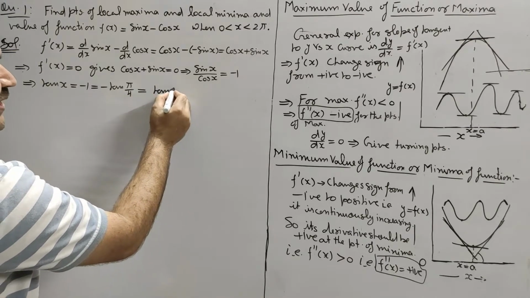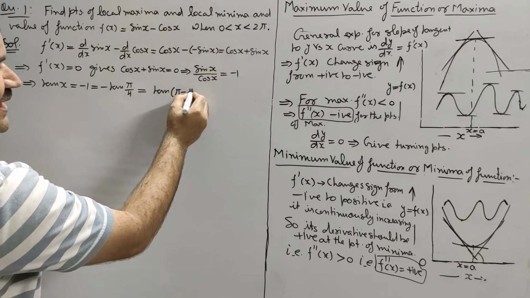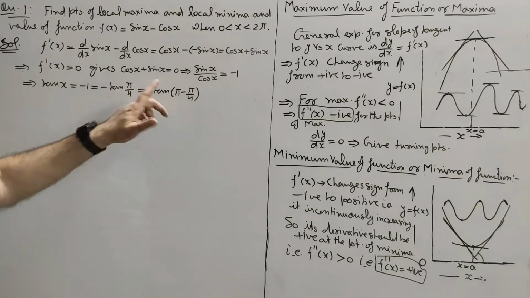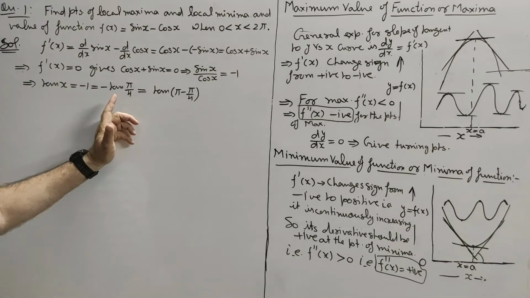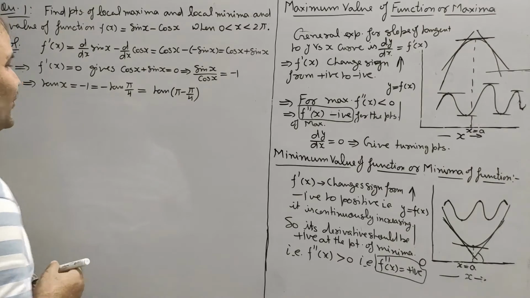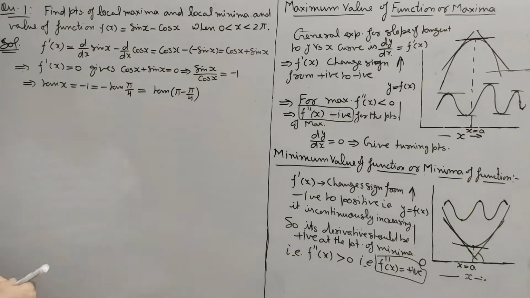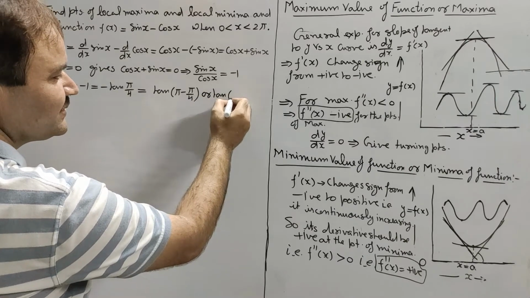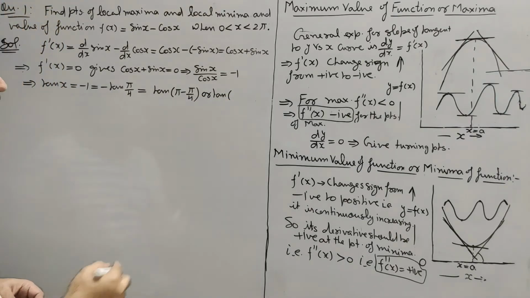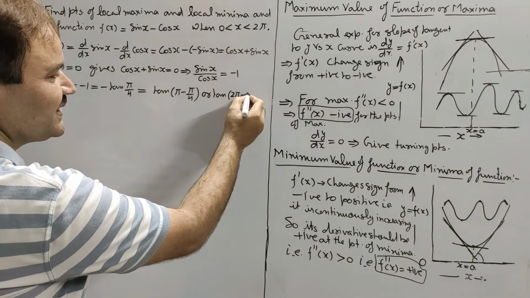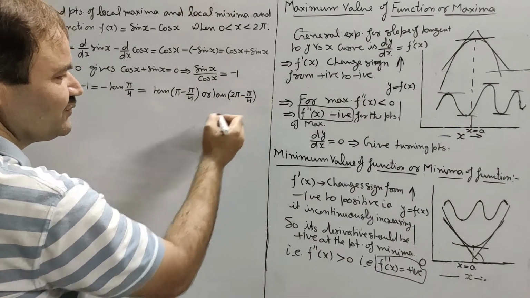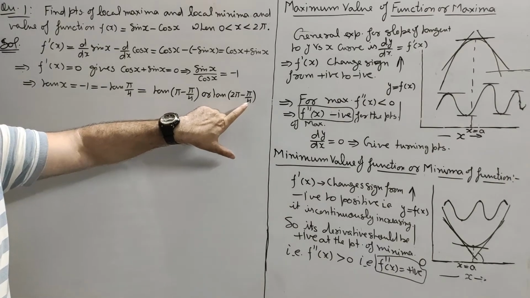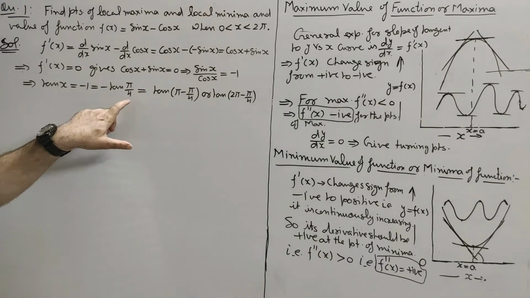For second quadrant it will be tan of pi minus pi by 4, because tan 180 minus theta is minus tan theta, and for fourth quadrant it will be tan of 360 minus pi by 4. It means 2 pi minus pi by 4, because tan 360 minus theta will be minus tan theta.